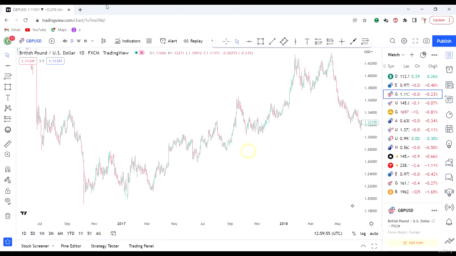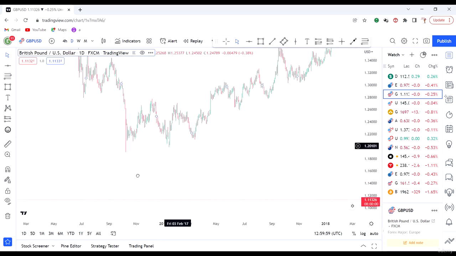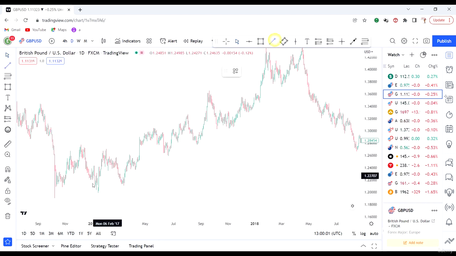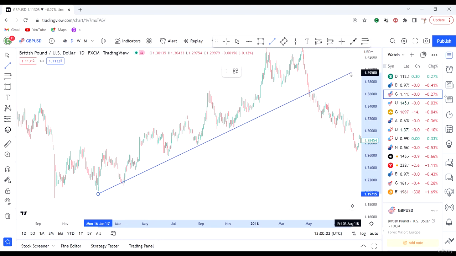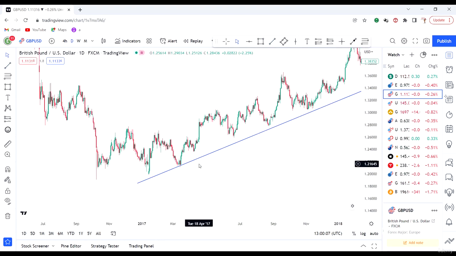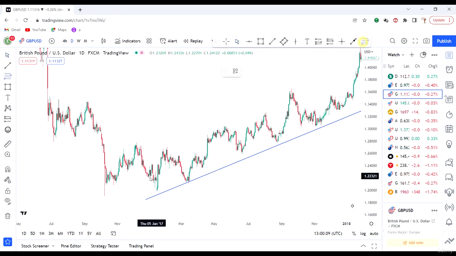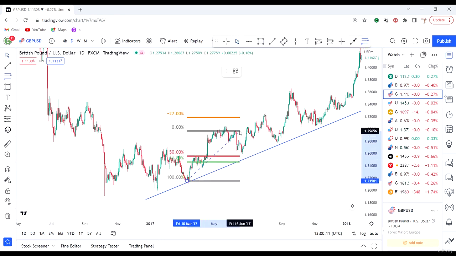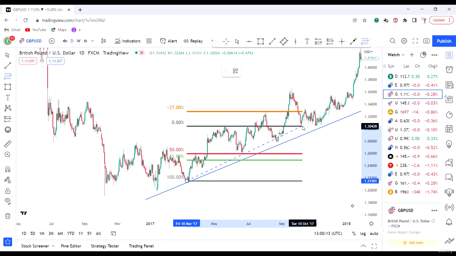Now, in this uptrend, I'm very sure we're going to get even more examples, right? Let's just draw the trend line to see. Now, picking the Fibonacci tool and drawing from point A to this point, for example, what do we see? It came to 50 and continued buying.